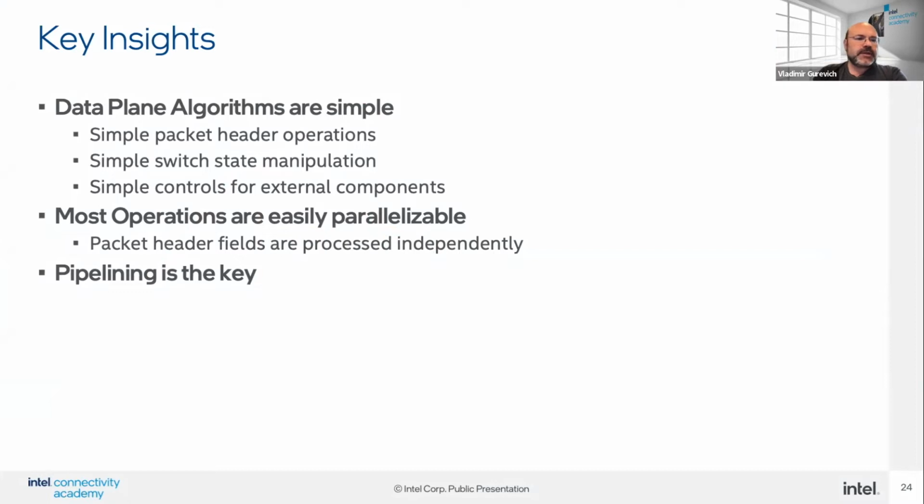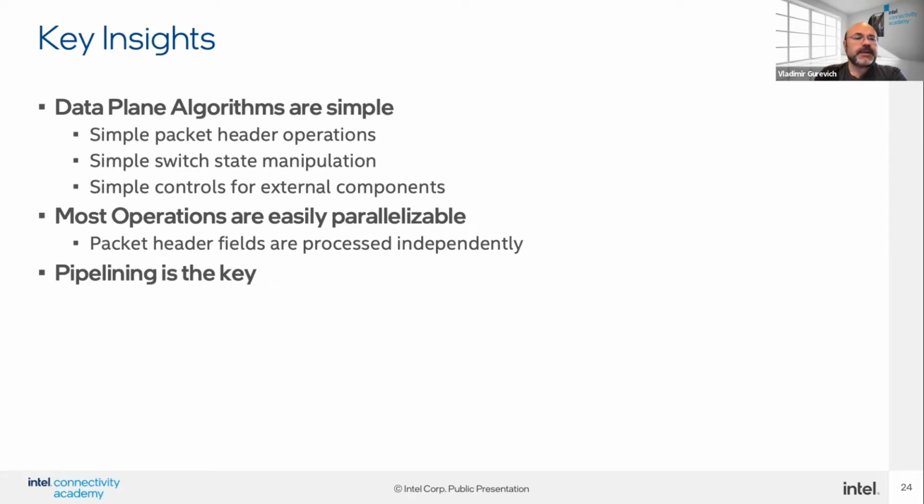So overall, we believe that data plane algorithms are fairly simple, and they're limited to kind of three general classes of operations. So first of all, you need to be able to manipulate packet headers. That's what we typically do in the data plane. Secondarily, we need to be able to manipulate the switch state and interface with certain external components. And I will explain what they are in about 5 minutes.